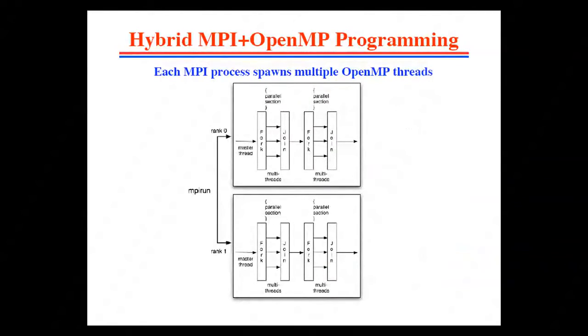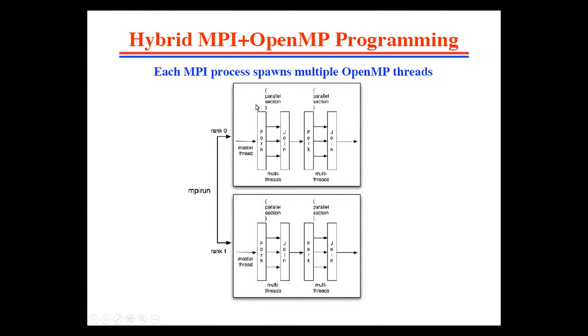Okay, and this is the framework for this type of MPI and OpenMP programming. MPI will start with mpirun, and you may have multiple processors start, each assumed to start on one node.